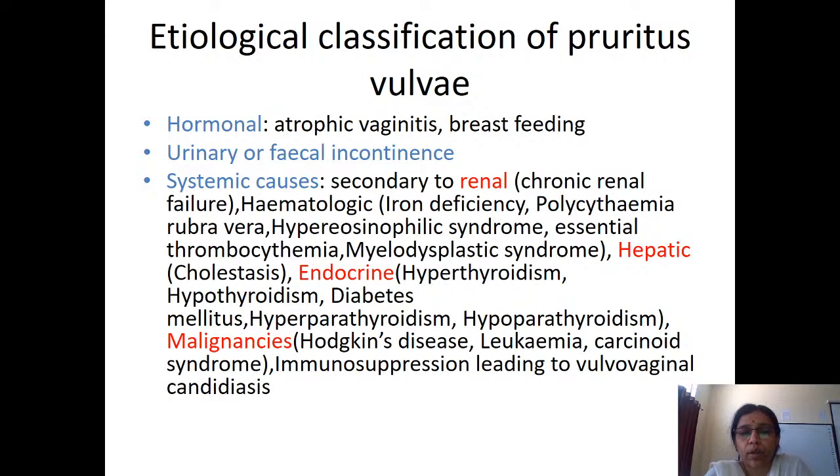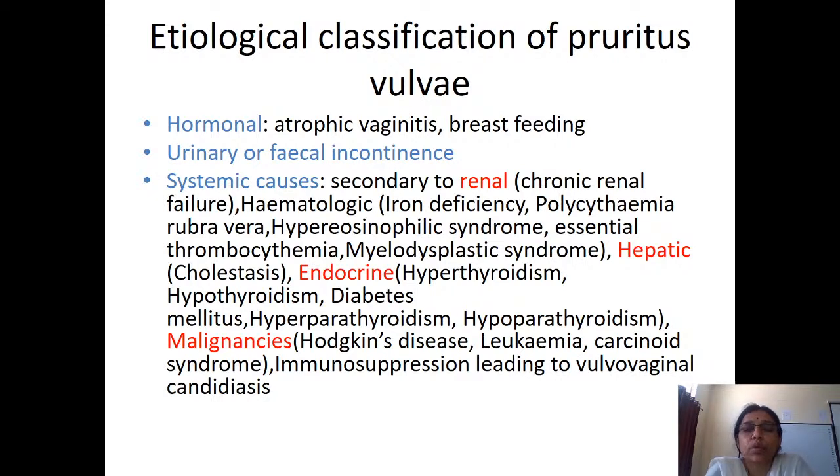And this complaint can also be secondary to either urinary incontinence or sometimes even fecal incontinence. And a few of the causes could be because of systemic causes. Sometimes they are secondary to some renal pathology, especially chronic renal failure. A few of the causes are secondary to hematological conditions, particularly iron deficiency anemia, or it could be even polycythemia rubra, hypereosinophilic syndromes, essential thrombocythemia, or myelodysplastic syndromes.